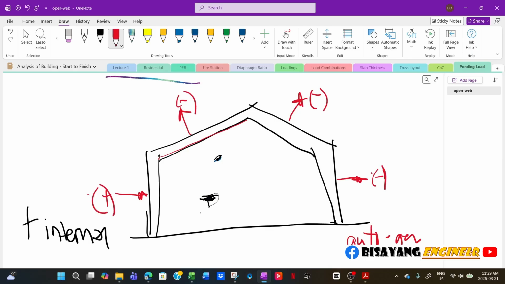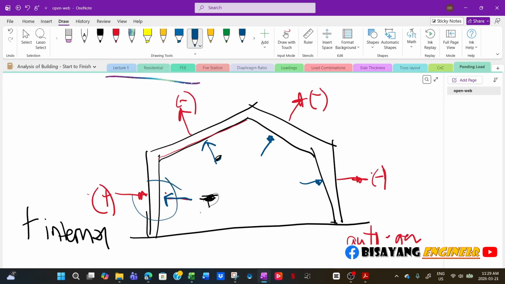This is positive. Now your first combination is you combine the external pressure with the positive internal pressure, positive, positive, positive, and positive. That's why it is smaller here.